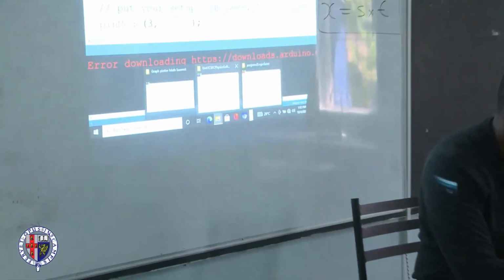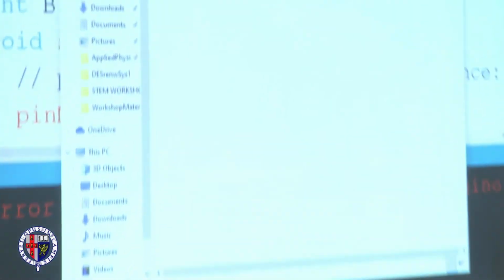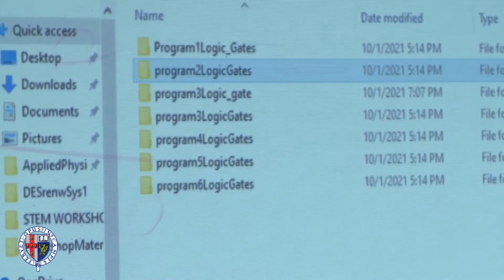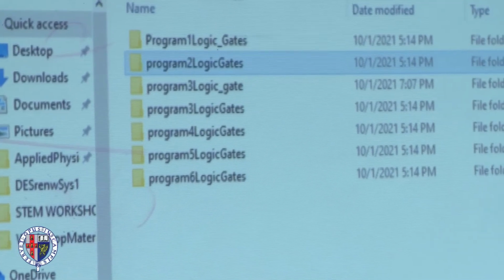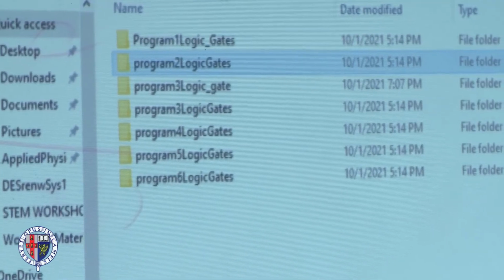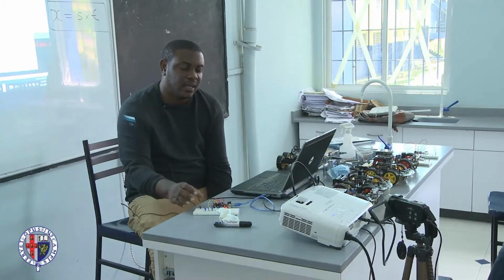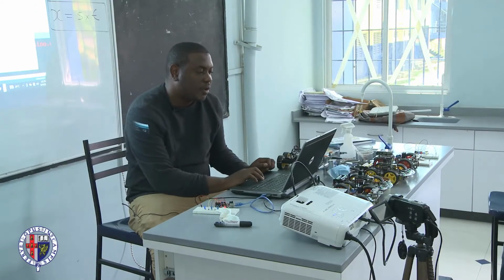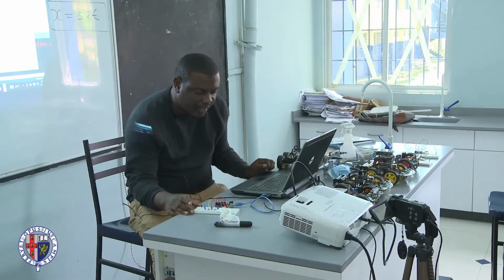Yes, we're identifying the gates. So basically, we're going to be getting the inputs, and based on what comes out on the output, we can identify what gate it is. That's the concept.